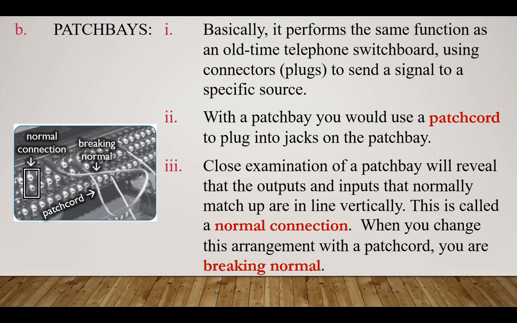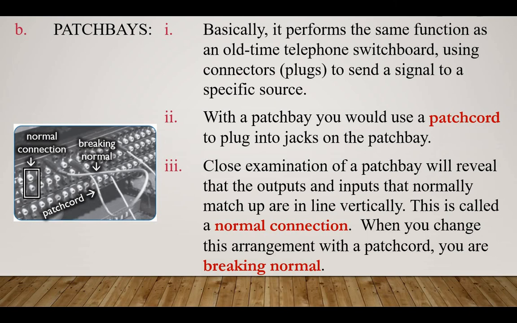So where you've got the different holes for the 1/4-inch plug to be able to go into, normally you're going to have, say for example, a bank of audio sources on the top row of the patch bay. And then below that will be various outputs where you're going to send the audio to.